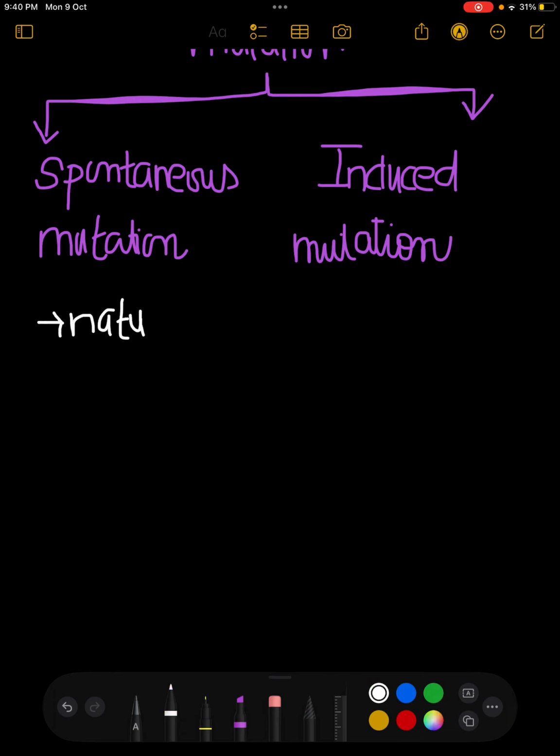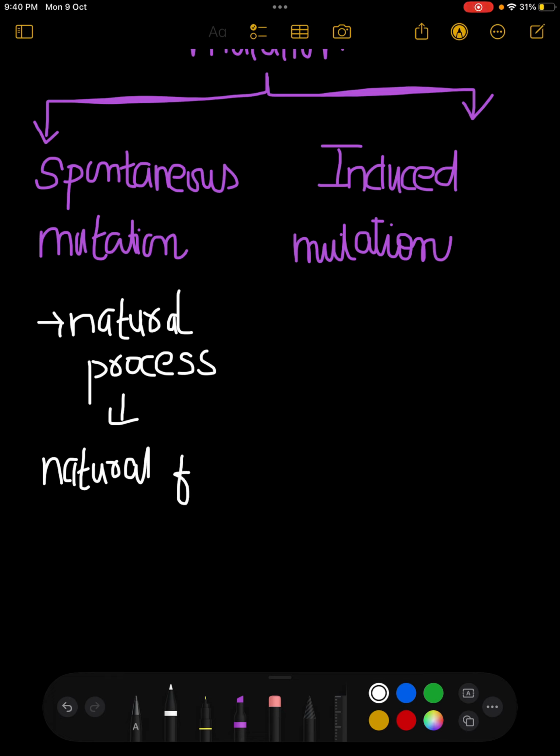It is basically a natural process, right? Natural factors are responsible for this, but induced mutation is done artificially. It's artificially induced in living organisms.